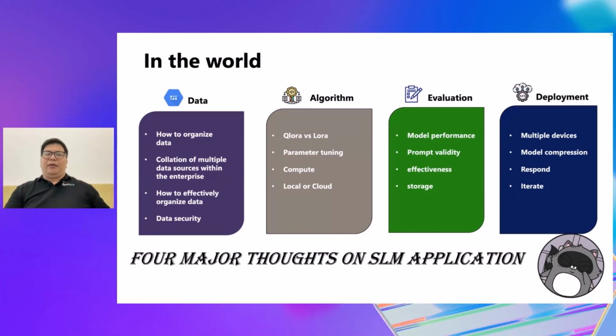Just like Microsoft Phi, it gives you the model in different formats now, but how to let the different devices get good performance is another problem. And then model comparison is good. It is important to respond and iterate.